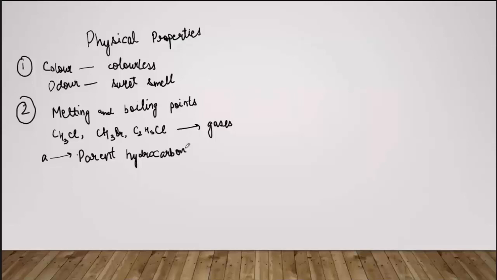See, we discussed in the previous lecture that the halides develop polarity, that is the separation of charges, because of the electronegative character of the halogens. Also, they have more molecular mass.